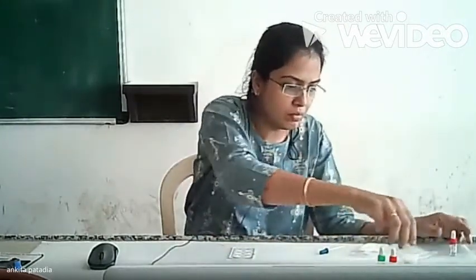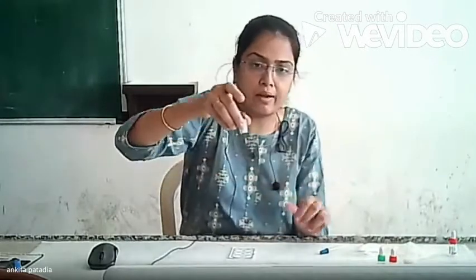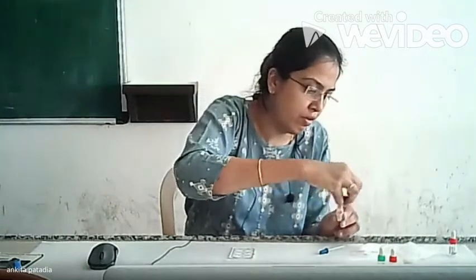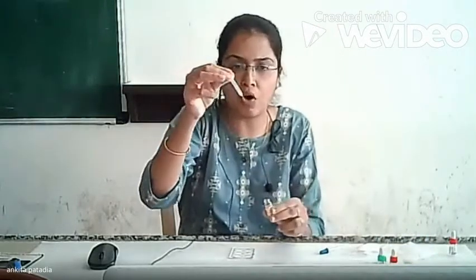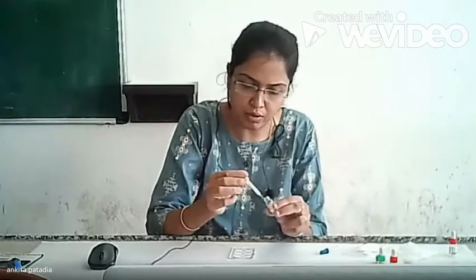In the bottle, we are having test serum sample. Now we are adding antigen, carbon coated RPR antigen. With the help of this specially provided pointed dropper, before you using it, mix it well.